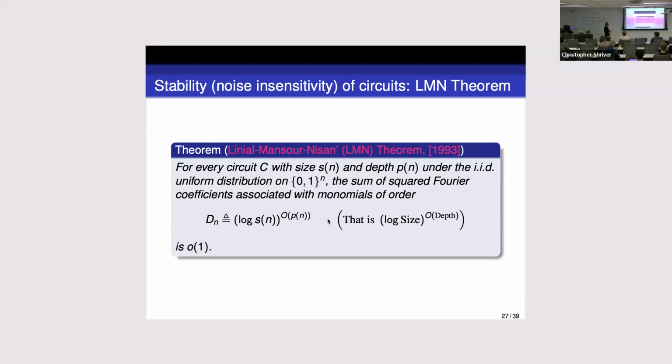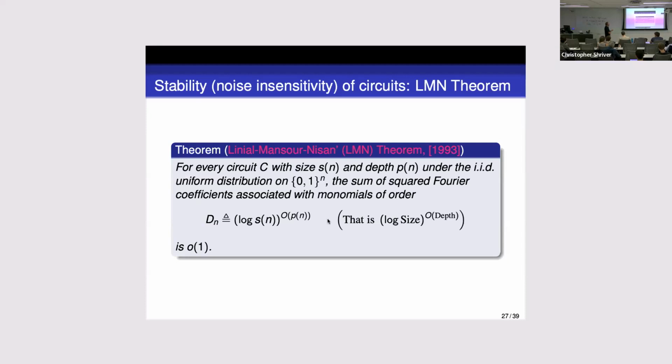To start with the formula, it says that for every circuit with a size S of n and depth p of n, if the input is uniform random on the bit string, admittedly, I wrote 0,1 to the N here, but we had n choose 2 before, so I apologize for this discrepancy. This is the input size to the circuit.